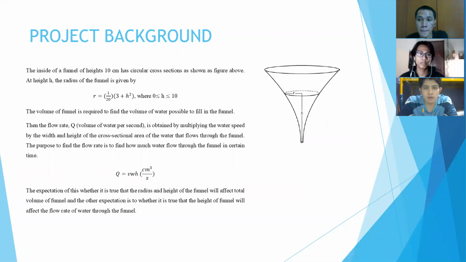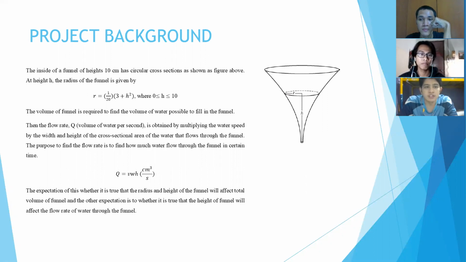As for our project background, we chose the problem from engineering mathematics, which is on how to calculate the volume of a funnel and to determine the flow rate of water through the funnel.